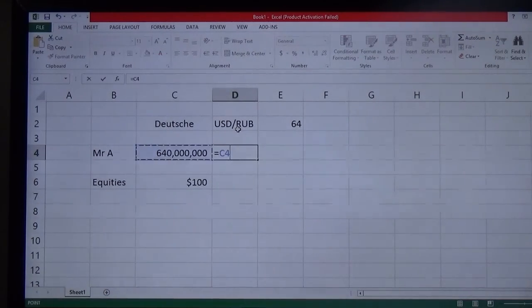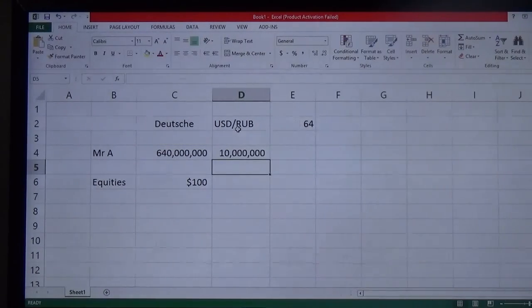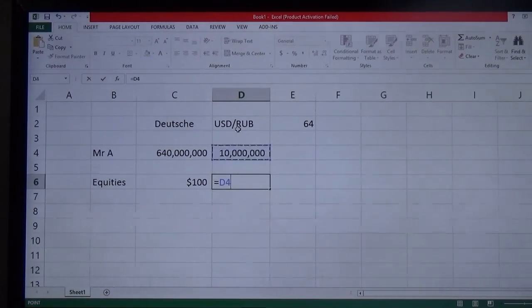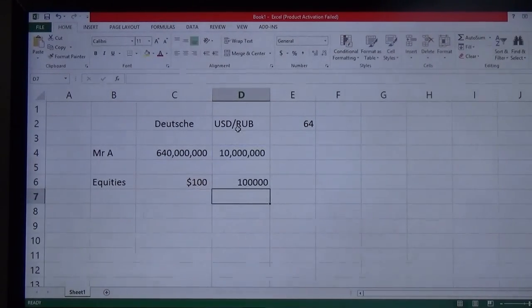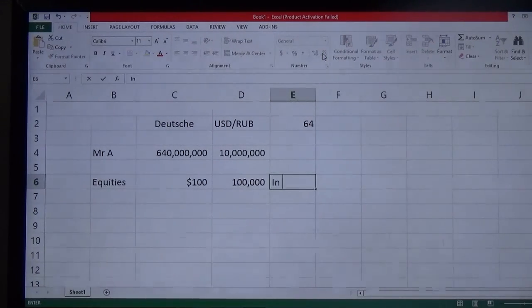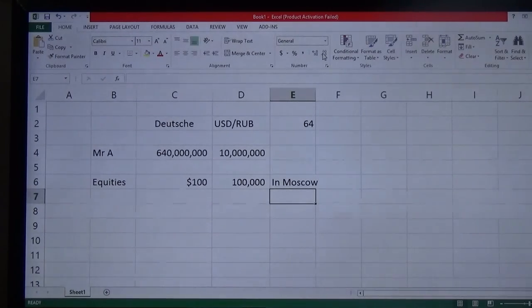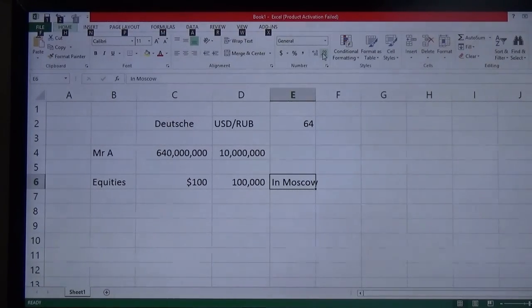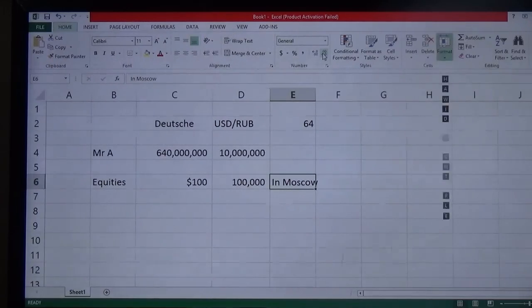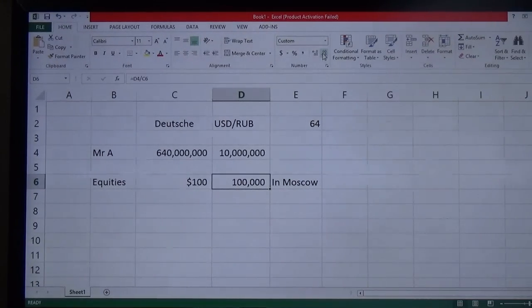Very simple, this divided by this. So you have roughly $10 million. How many equities can you buy? You can buy 100,000 equities of Microsoft. Now those equities you buy in Moscow.